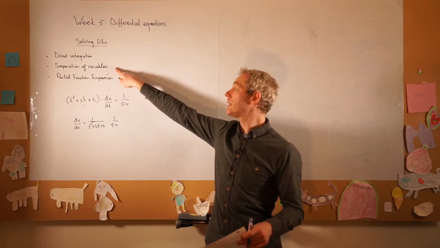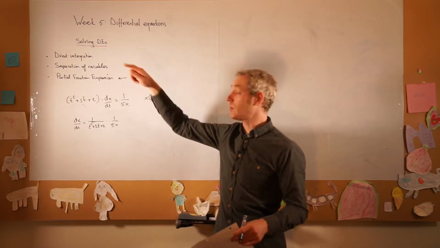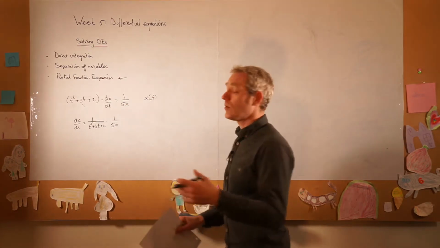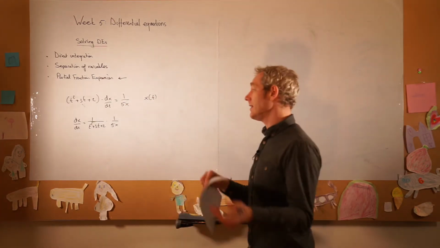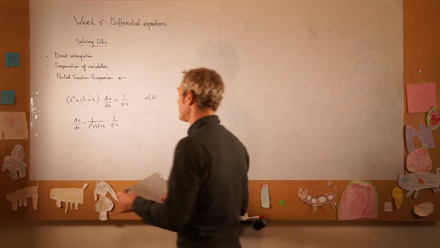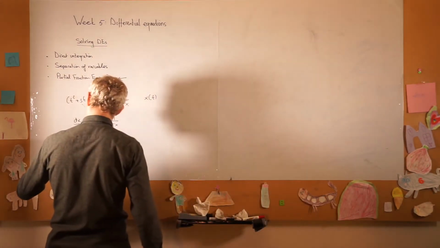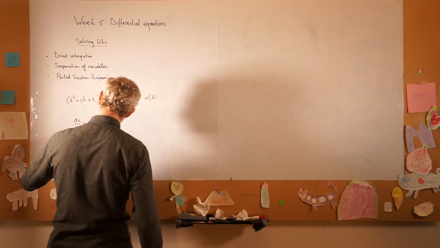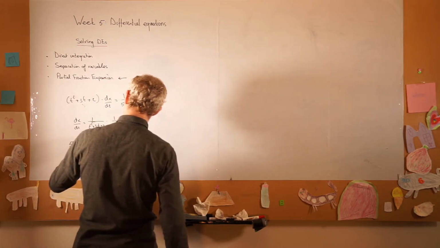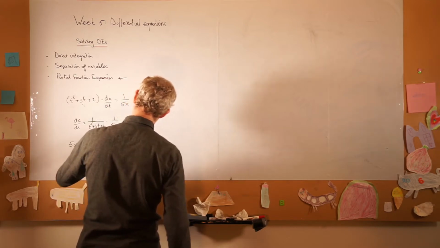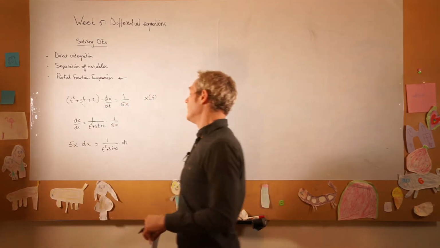and we see that this is in the form of a differential equation that we can use separation of variables on. So we move everything with the dependent variable to the left and the independent variable to the right. So we get 5x dx is equal to 1 over t squared plus 3t plus 2 times dt.